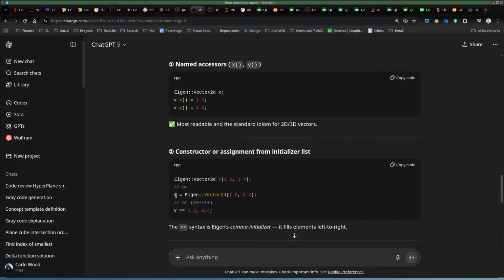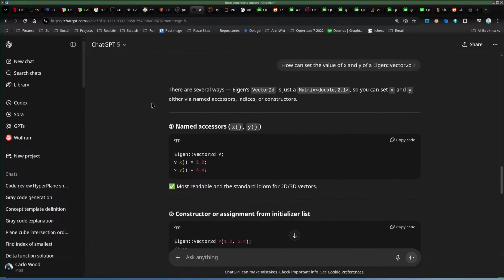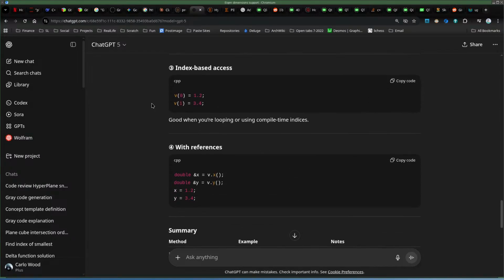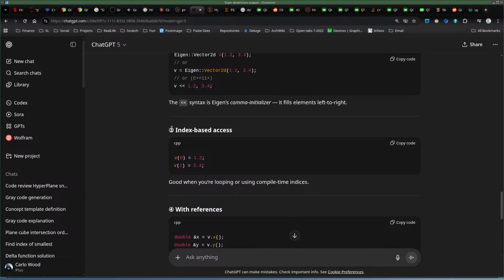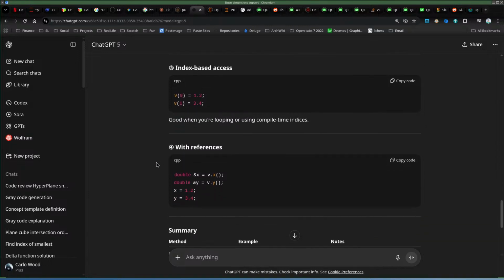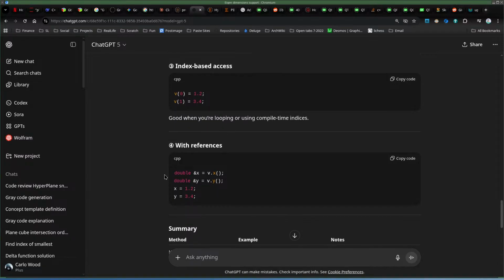But then this is the, yeah, no, I don't like that. Because that looks the most like it. Index based, it's even better maybe. They do have an X and Y though.